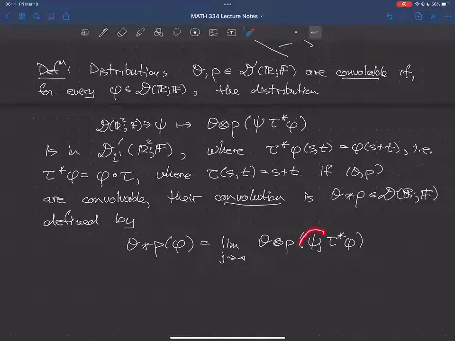But now I'm going to take a sequence of test functions psi j in two variables, and this sequence should have a very particular property that we talked about last time: being a special approximate unit.